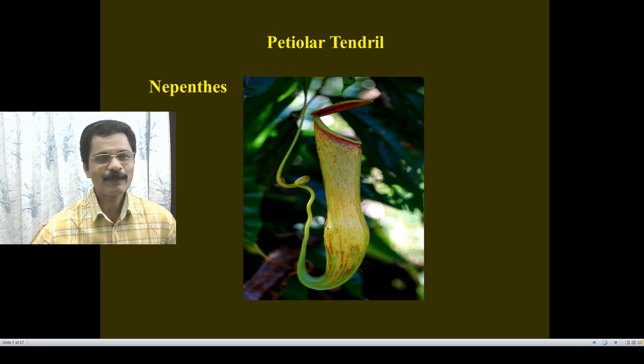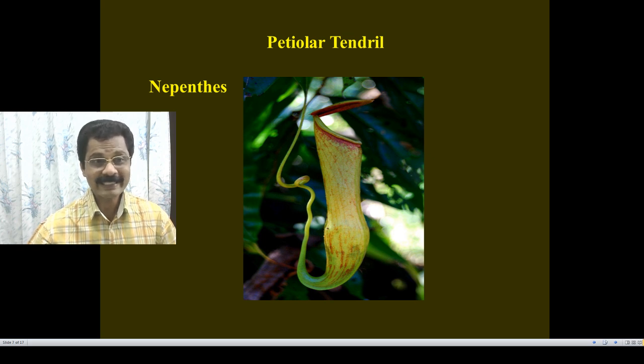This is an insectivorous plant. The lamina is modified into flask-like structure. The leaf tip is modified into a lid. And this flask or the pitcher is kept in erect position or an upright position with the help of this petiole tendril. So that is the function of the petiolar tendril.